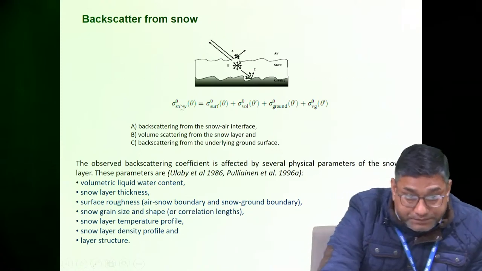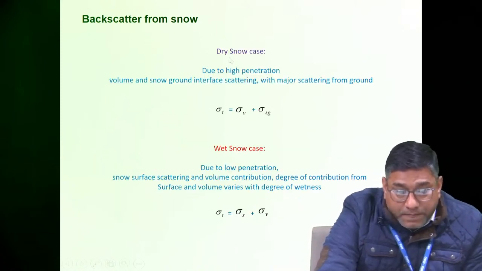So I will show you, if it is a dry snow, it means the liquid content is less. So we will have only the volumetric scattering. We will get the backscatter from the volumetric scattering, and the scattering from the surface below the snowpack. So this much we will receive back at the sensor.